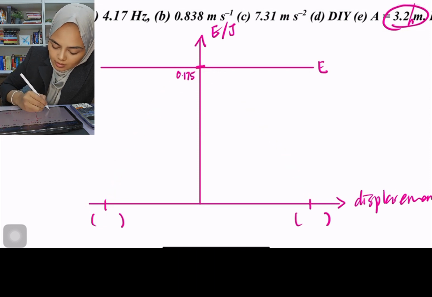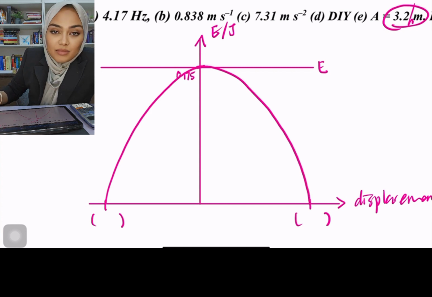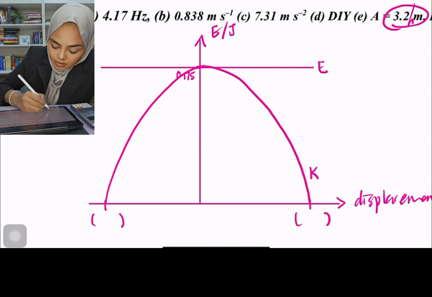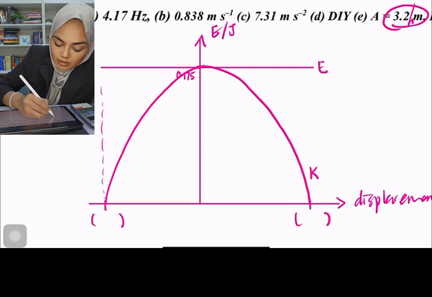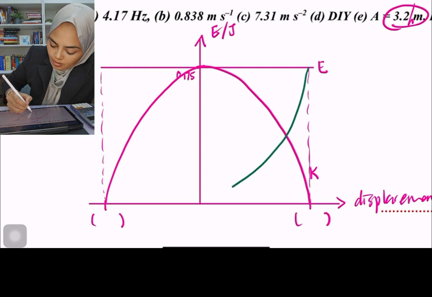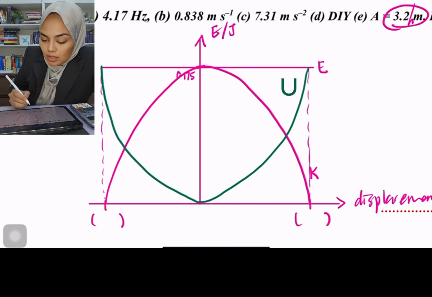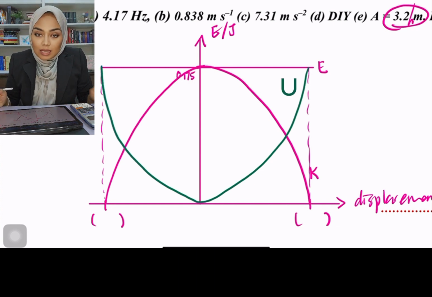Okay kids, yeah, just assume like that. Don't forget to put in the kinetic energy label, and then on the same amplitude we're gonna get maximum potential energy at amplitude and 0 at equilibrium. So yeah, that's the value. That's all.